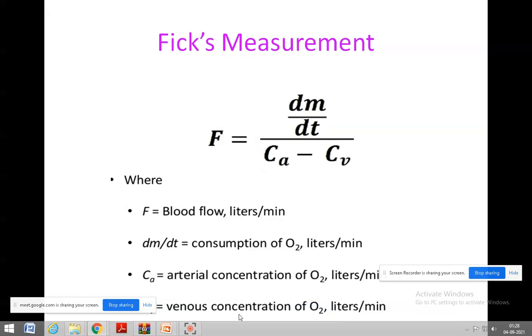Cv is the venous concentration, where the oxygen is taken out, removed from the blood of the heart. The region where we are taking the oxygen out is represented by the venous concentration of oxygen. All this is represented in units of liters per minute, so per minute, how many liters are injected and taken out.